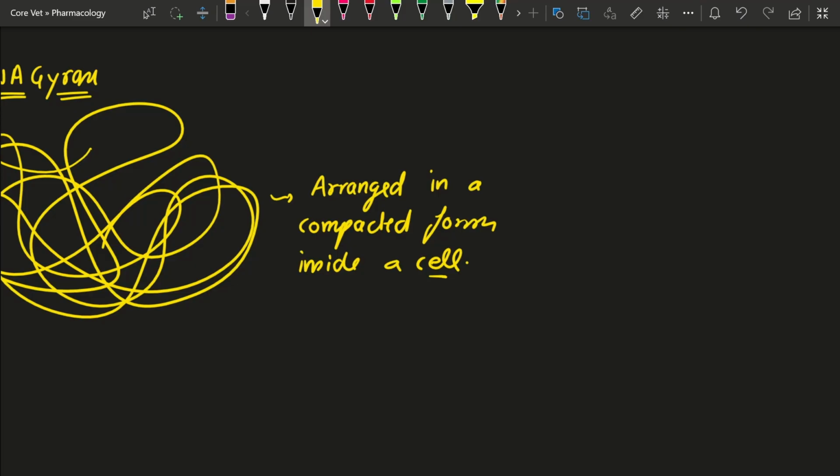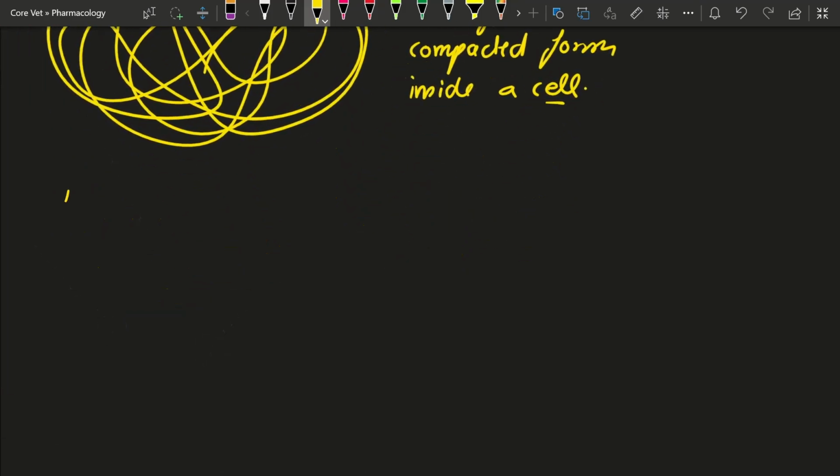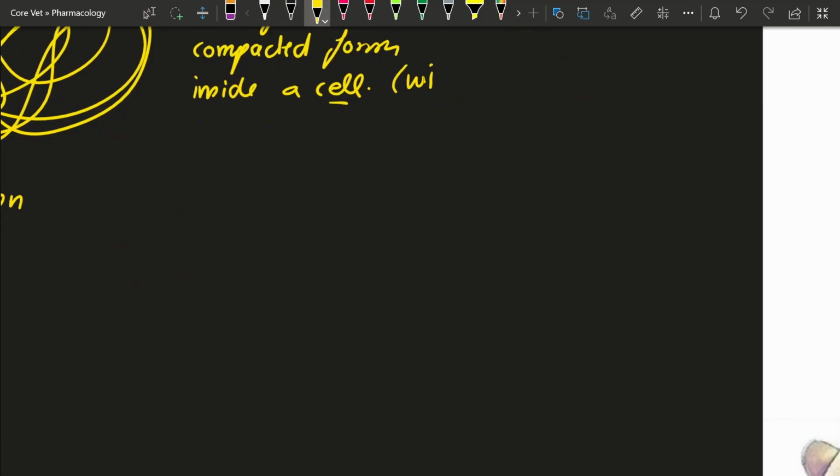But during DNA replication and the process of transcription, it is in the wound form because it is quite congested.